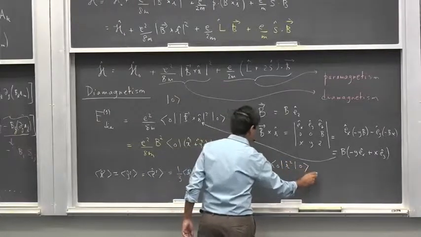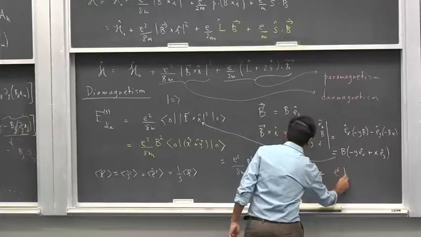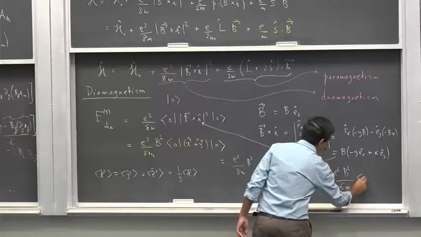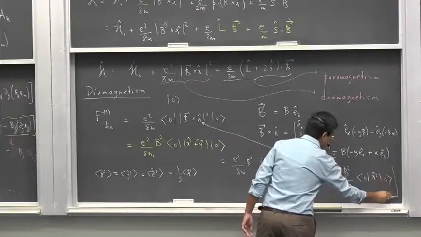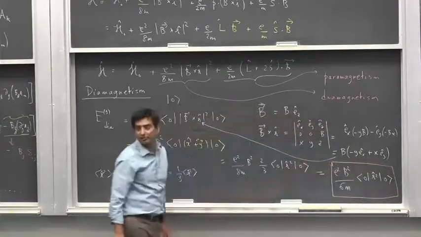This is e square B square over 6m, expectation value of r square. This is the correction to the energy.